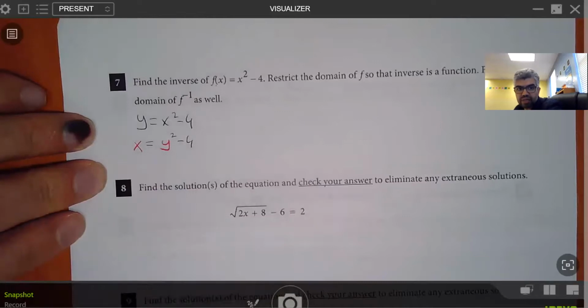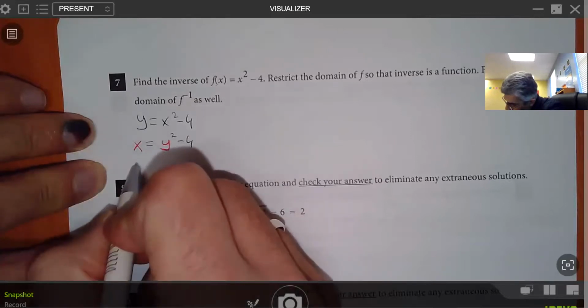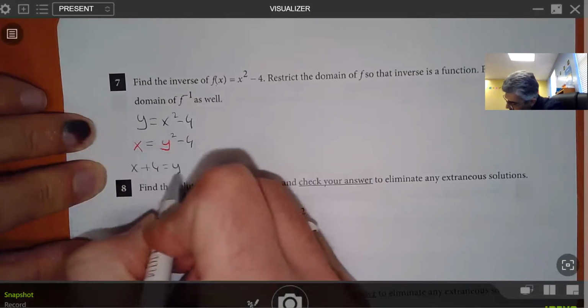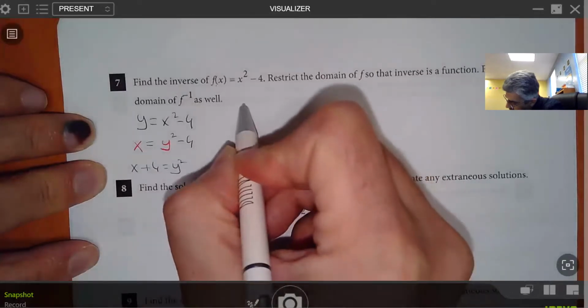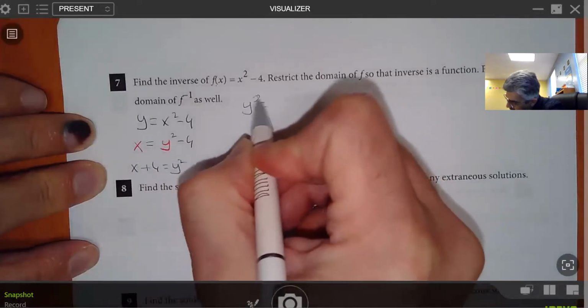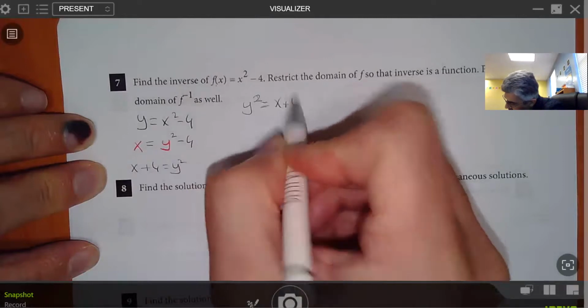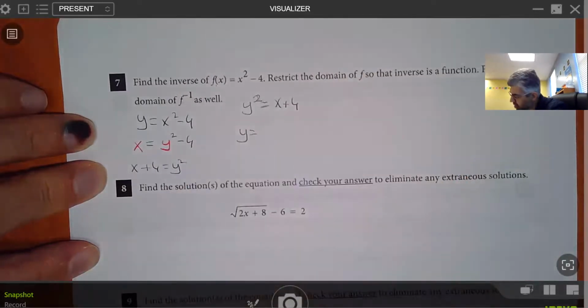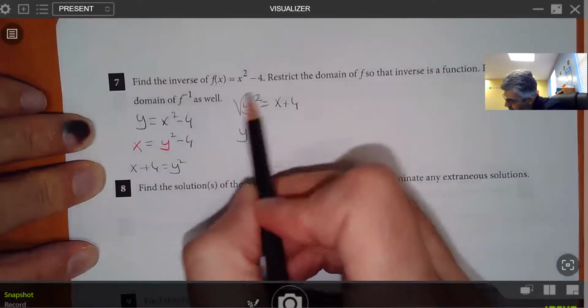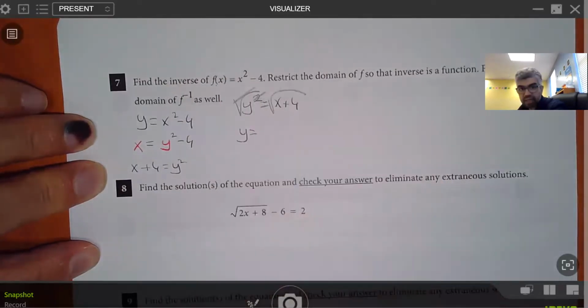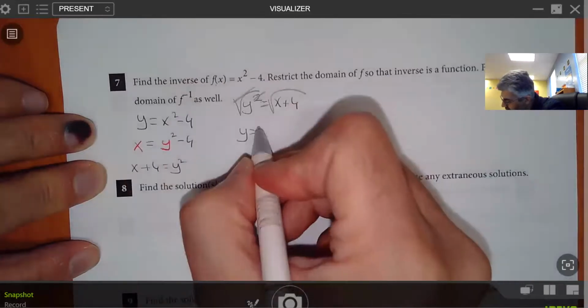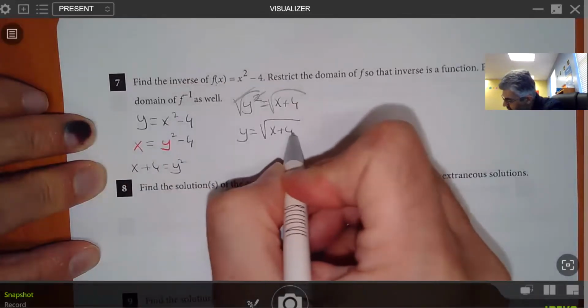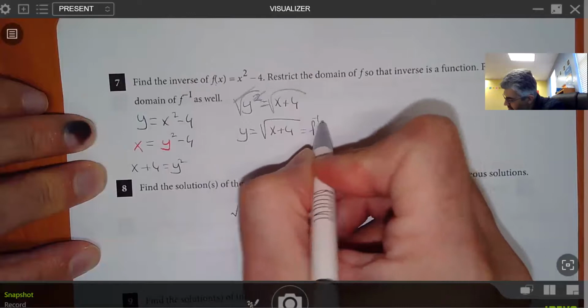So we have x is y squared minus 4, and we isolate y here. We have x plus 4 is y squared, so y is equal to, we take the square root of both sides, right, guys?